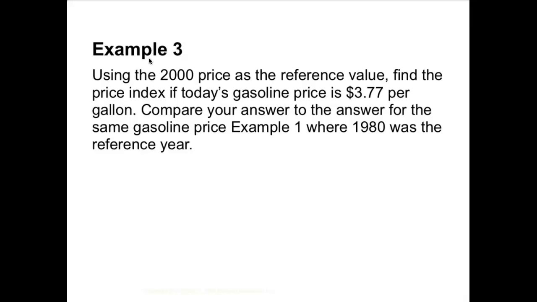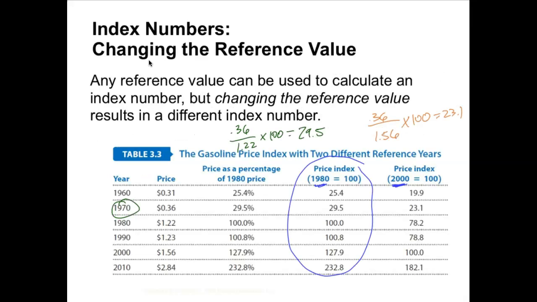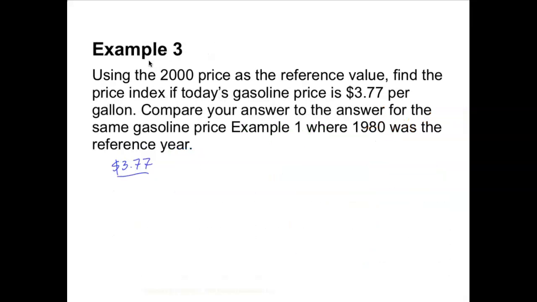All right. So let's do another example using 2000 as our reference value. Find the price index of today's gasoline, if the price is $3.77 per gallon. Well, we would take that 3.77, and this time we're going to divide by the price of gas in the year 2000, so $1.56, since that's our reference value.